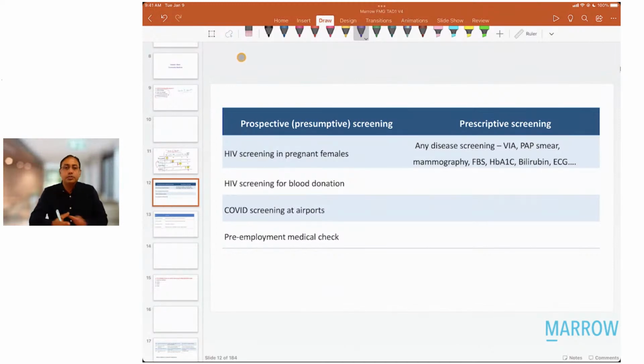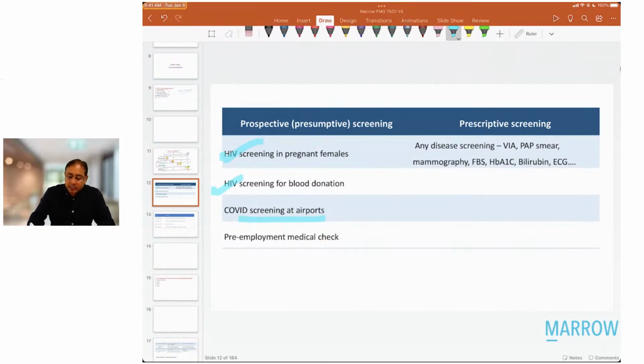I think you should also be remembering, what is this prescriptive screening? Prospective screening is what we also call the presumptive screening. Examples for this would be HIV screening in pregnant females, HIV screening for blood donation, COVID screening at airports, and pre-employment medical checkup.